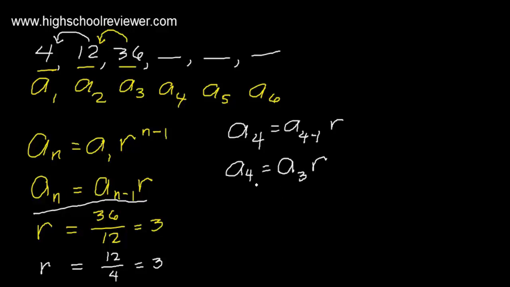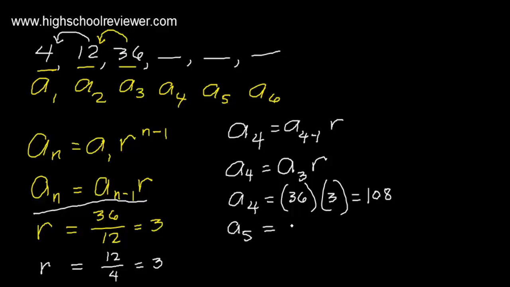So for a sub 4, we will just multiply the previous term, which is a sub 3, by r. Our a sub 4 here will be equal to the value of a sub 3, that is positive 36, multiplied by r, which is positive 3. So our a sub 4 here will be equal to positive 108. And then for a sub 5.